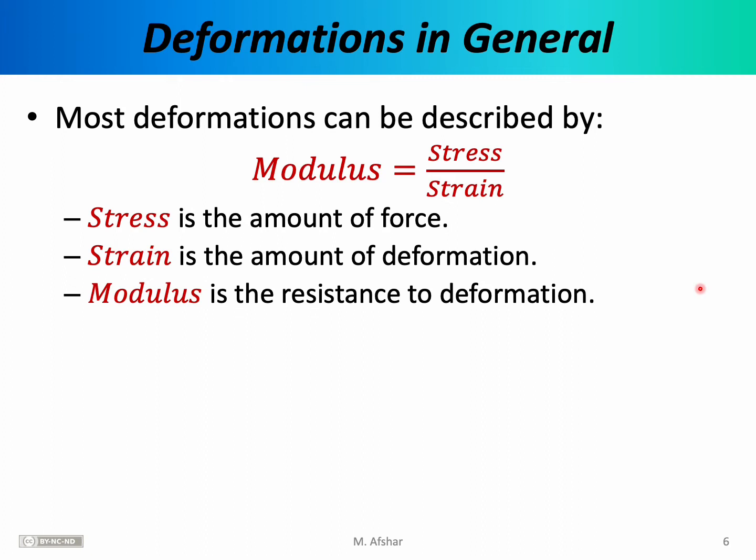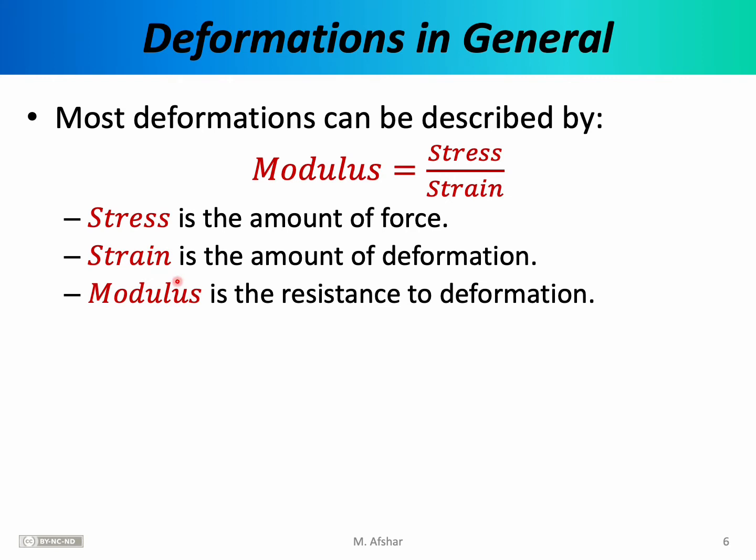Every type of deformation that you could imagine has a modulus associated with it, a stress and a strain associated with it. The stress roughly describes the amount of force that you're applying to the object in order to deform it or change its geometry. The strain is the amount of deformation. In most problems, the strain is the thing that we want to calculate.